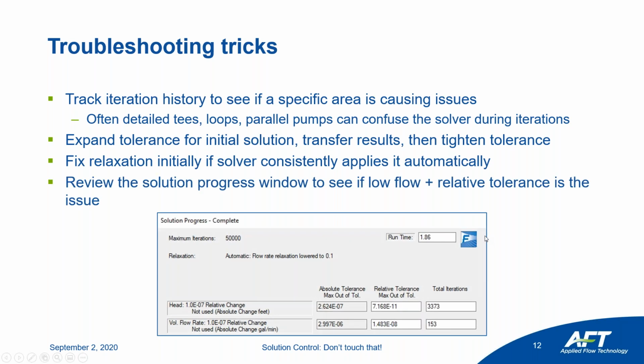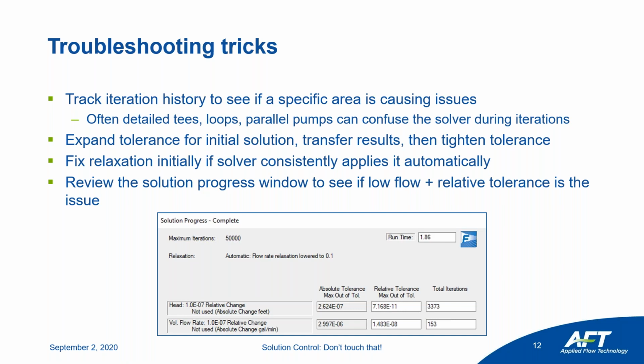The final point is looking at the solution progress window. This ties back to the difference between absolute tolerance and relative tolerance and some of the different issues they can run into. So if we see that our absolute tolerance is very low while our relative tolerance is still relatively high, so high that it's not creating a converged solution, you may be able to go into solution control, switch over to absolute tolerance, make sure that it's small enough to cover all of your different pipes, and then run the solver and create a converged solution.